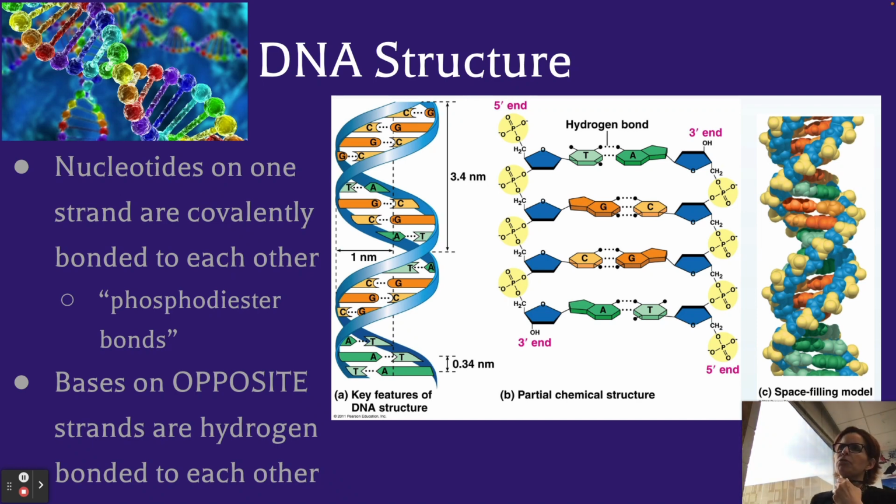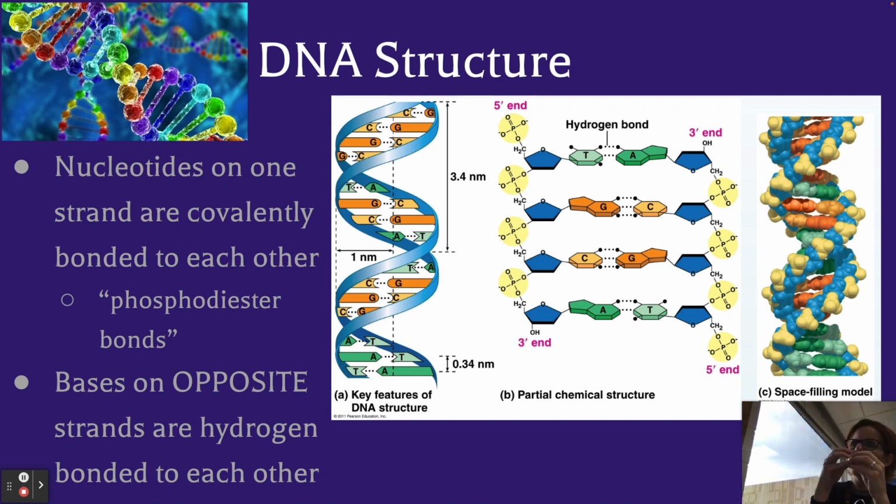Just reminding you of DNA structure, we actually did talk about this in our biochemistry unit. Nucleotides on one strand are covalently bonded to each other, and these are called phosphodiester bonds. I don't think anyone would ever ask you that, but you might see the word on a test. The left side and the right side are covalently bonded and super strong.